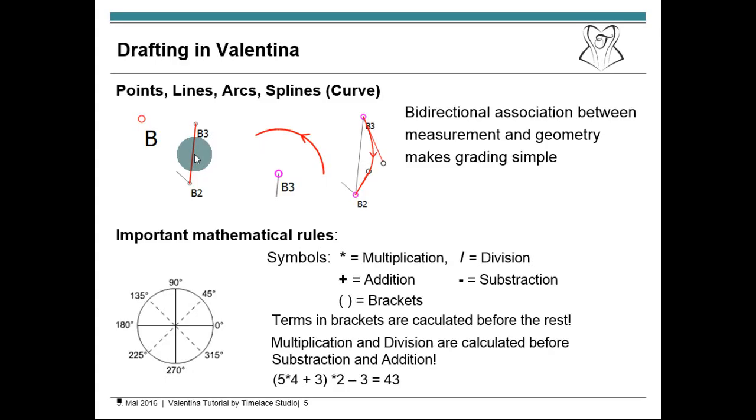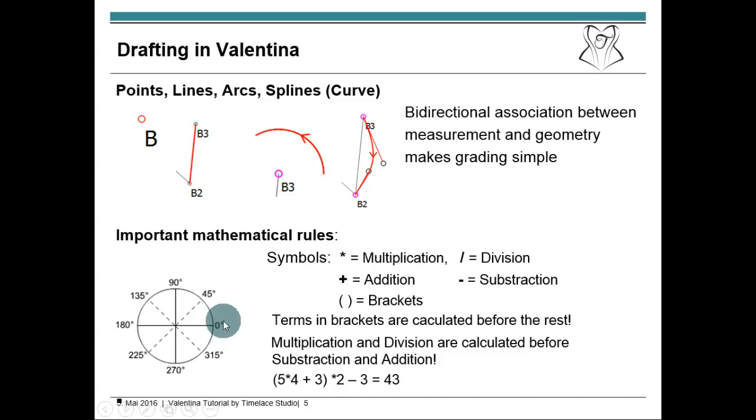And now one thing you need to know before starting pattern drafting in Valentina are these important mathematical rules. I'm sure most of you already know these. They're pretty basic, but I just wanted you to know. What is really important for Valentina is how angles are defined in a coordinate system. So really just memorize these pictures, it's important.